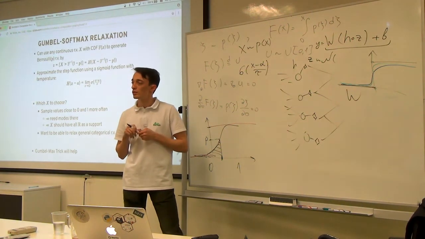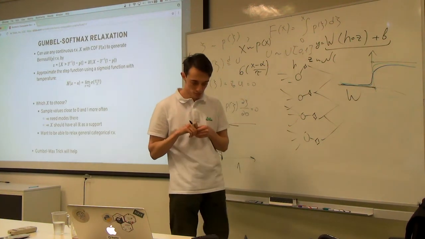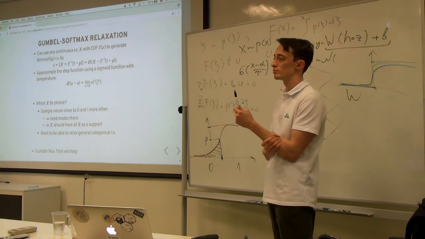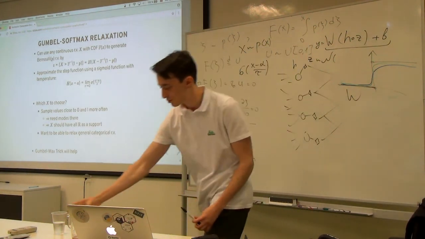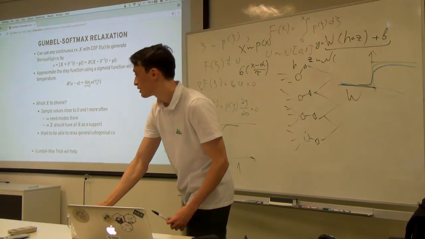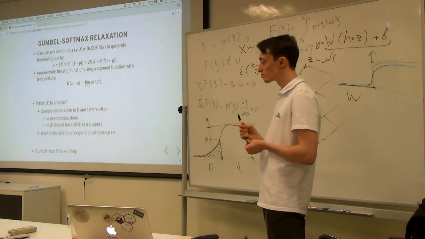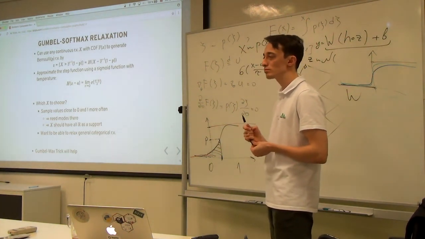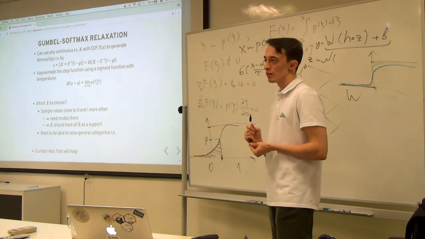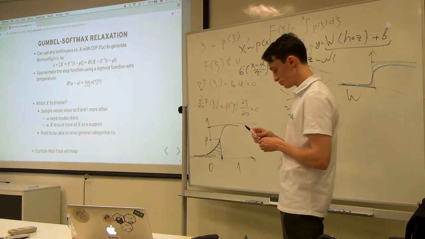So if tau is 0, this will be the Heaviside function, and this will mean that with the probability of alpha, it will return 0, and with the probability of 1 minus alpha, it will return 1, right? Yeah. So we managed to get our discrete random variable from a continuous one. The problem is that the Heaviside function is not differentiable. So now what we would like to obtain is some differentiable function, which in some sense is a continuous relaxation of our binary discrete random variable.